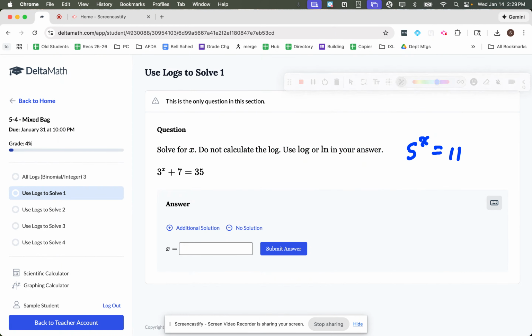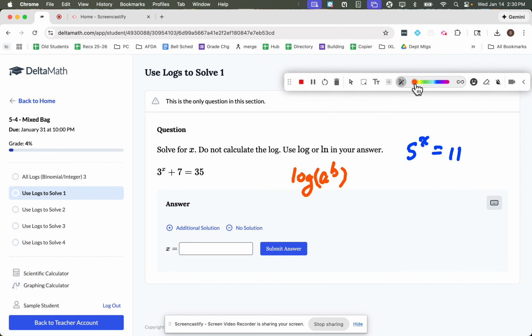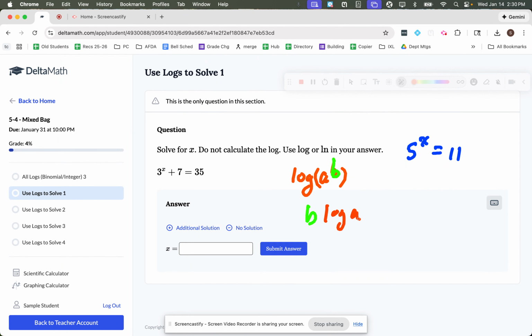Of course, you need to find the x. Now, hopefully your instincts are to remember that classic log rule. If I take log of something with this power in my argument on the a, I can bring it out. Absolutely. Now, much easier to solve for b.